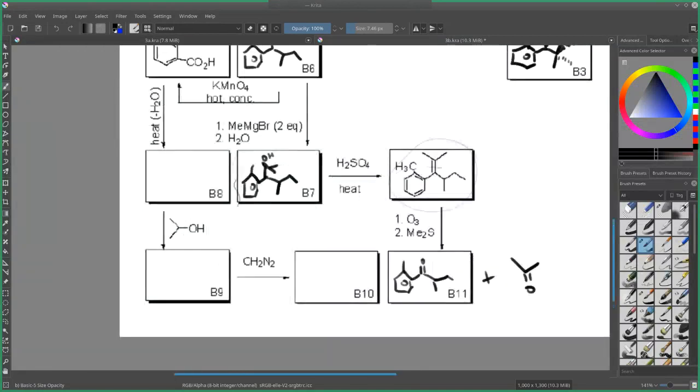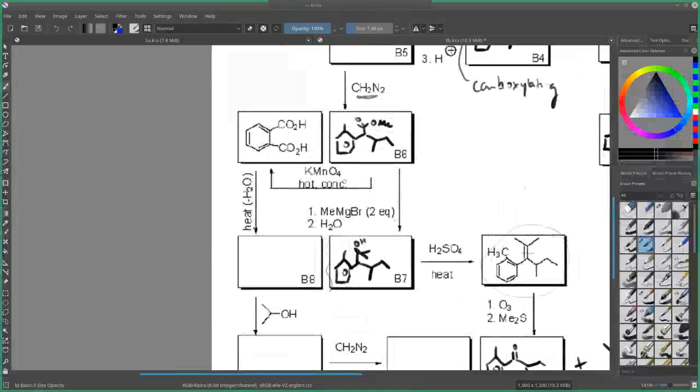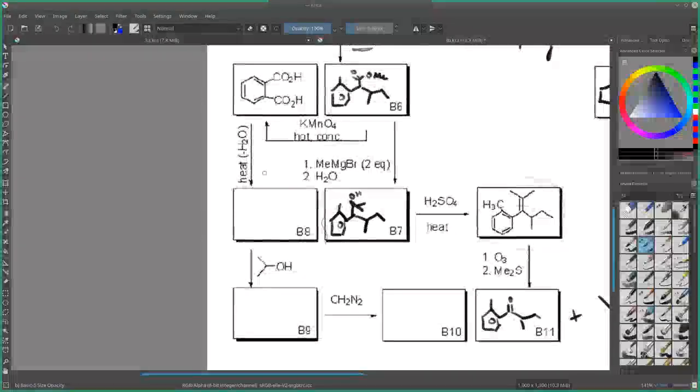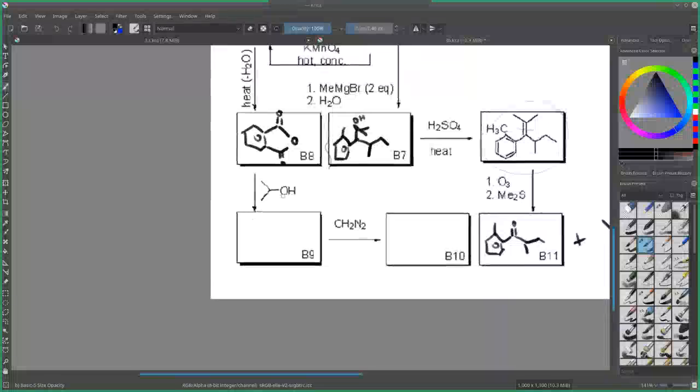Okay. Going back up to here. So we did this over here with the hot concentrated potassium permanganate, so we got up to here, right? And then you heat two carboxylic acids in the presence of each other. Does anybody know what that'll get you? Oh, okay. Yeah, I'll tell you. This is not one that we've seen a lot either. So you wind up making an anhydride like that, right? And now you have an alcohol.